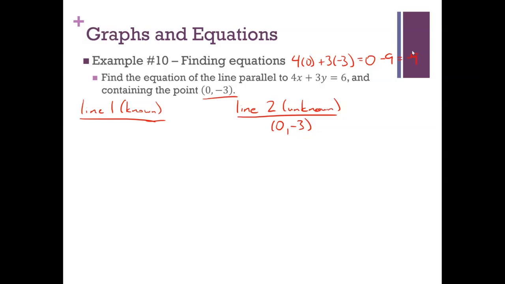So this equation right here is a line, but it doesn't have (0, -3) on it. Right now, the only thing I know about that first line is that its equation is 4x plus 3y equals 6.